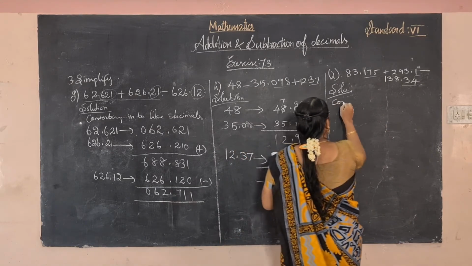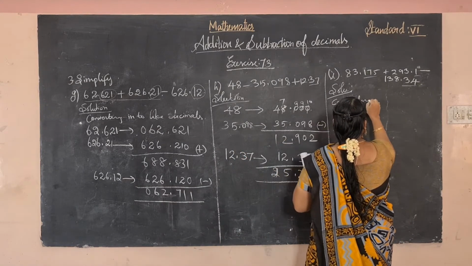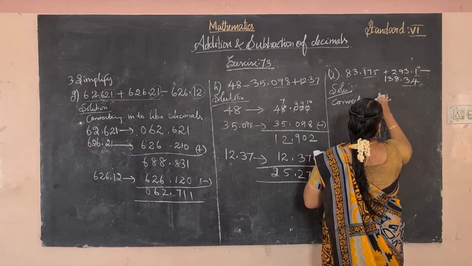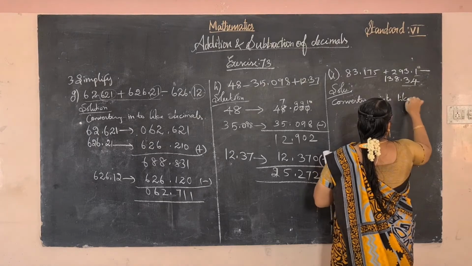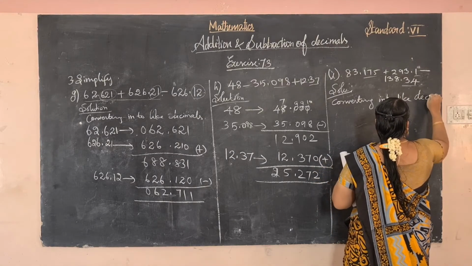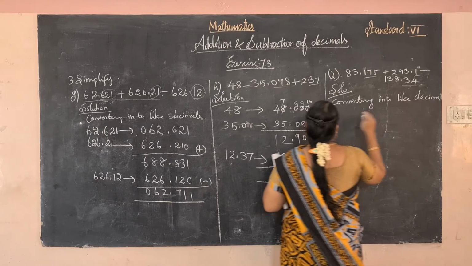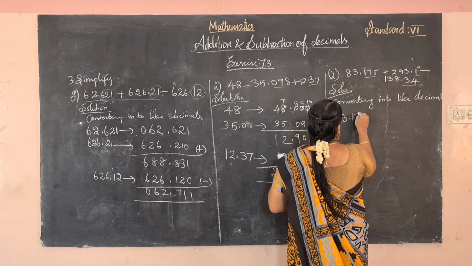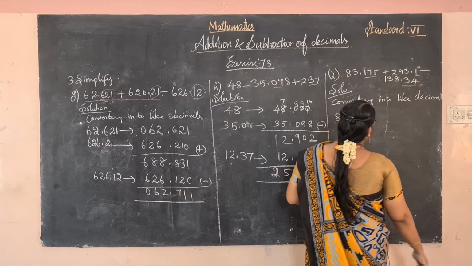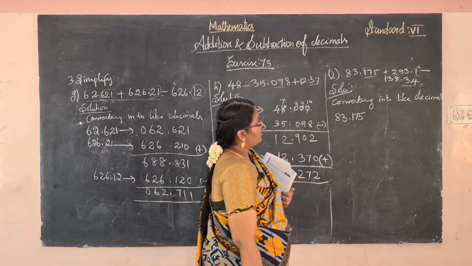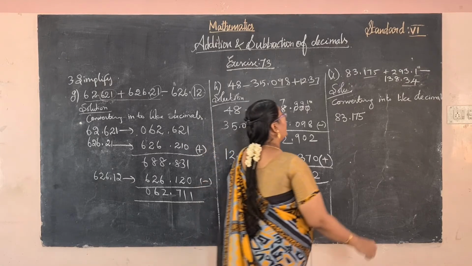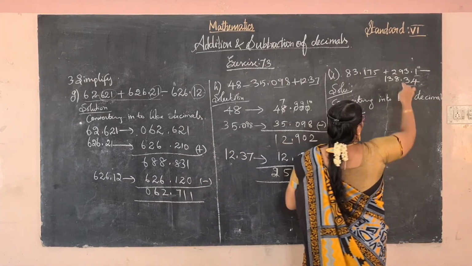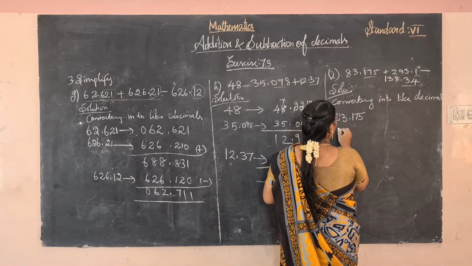So converting into like decimals. Okay. So the first decimal value, 83.175. The maximum decimal place is the 1000th. So we add 2 zeros on the right side of the decimal. Okay.